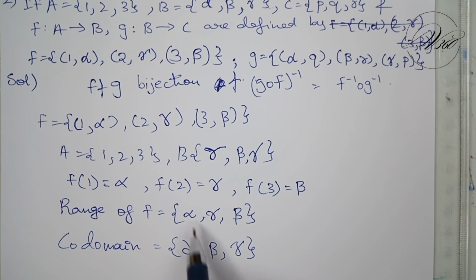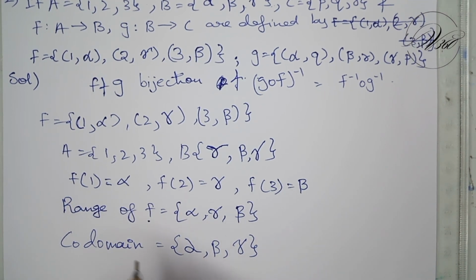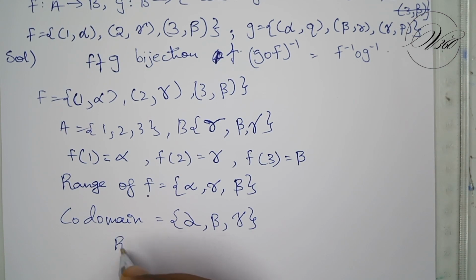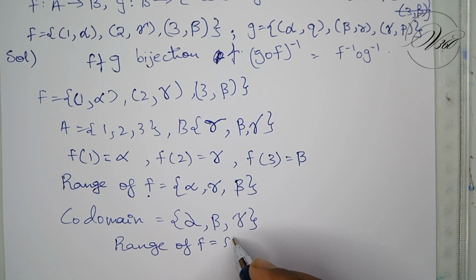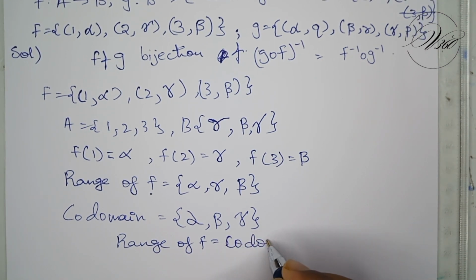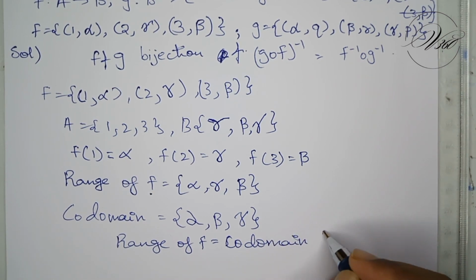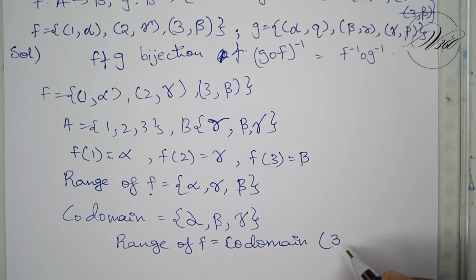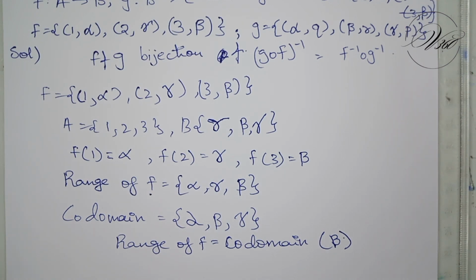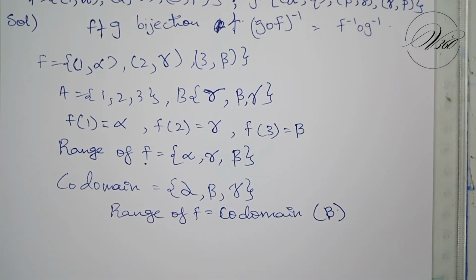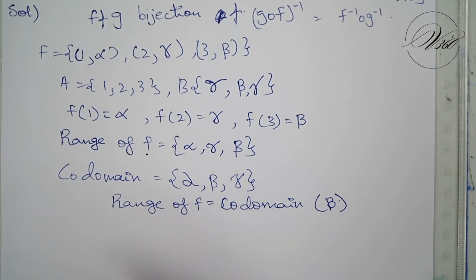These are all the elements which are present in the range, and which are in the codomain. So the range of f is equal to the codomain, that is the B set. Now we can say this is a surjection.